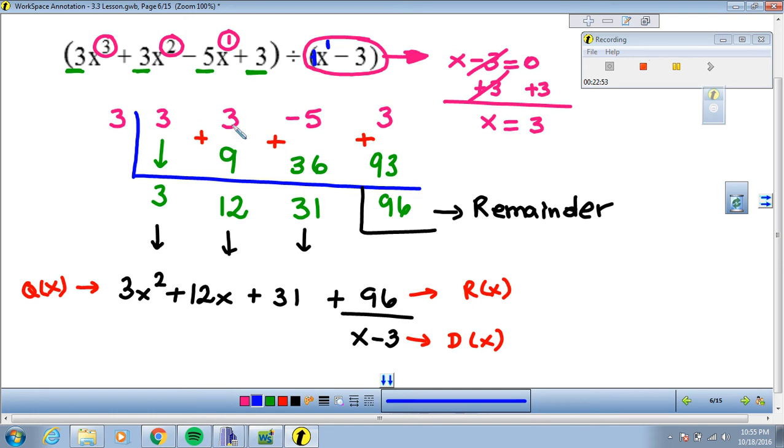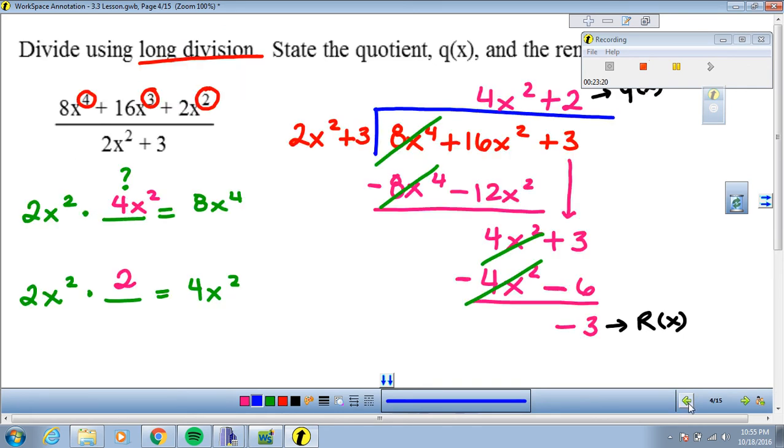If you see other numbers at the front of the x, like 2, 3, 4, -5, or whatever, or the exponent on the x is not just a 1, then we are forced to always do long division. But if the x is just by itself, like x minus 3 or x plus something else, then we can do synthetic division. But if it is something like this one, look at what you were dividing by, the divisor 2x squared. Because of the 2 at the front, because of the 2 on the exponent, we couldn't do synthetic division.